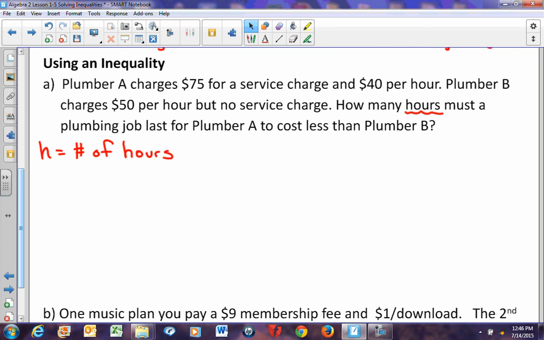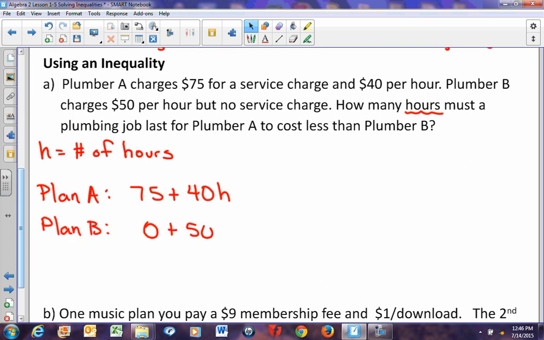I have two plans. Plan A. They charge a $75 service charge plus $40 per hour. So there's the equation for that. 75 plus 40H. Plan B. They don't charge a service fee, but they charge $50 per hour. So you can either leave the 0 off of it, just have it as 50H, or you can put the 0 into it.